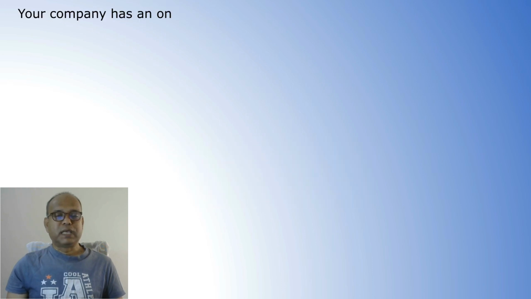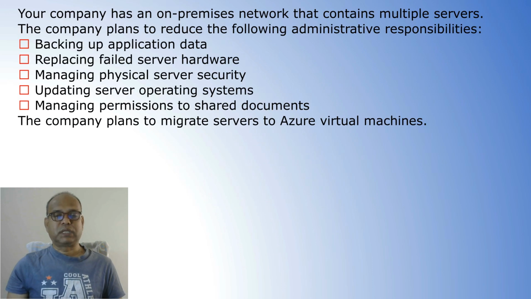Your company has an on-premises network that contains multiple servers. The company plans to reduce the following administrative responsibilities: backing up application data, replacing failed server hardware, managing physical server security, updating server operating systems, managing permissions to shared documents.